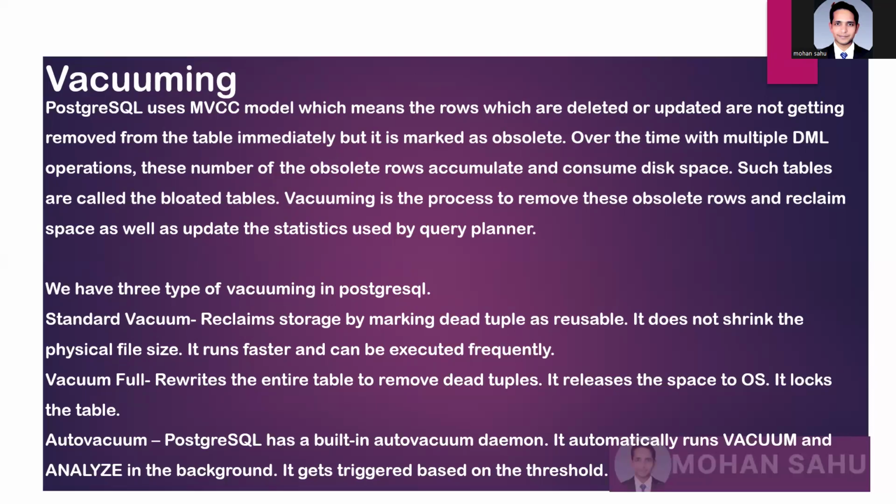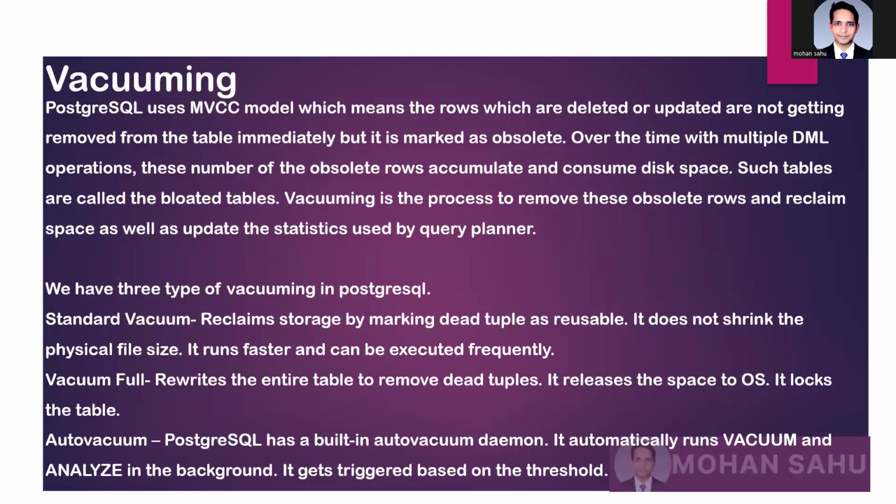When there are a lot of DML operations, like update, insert, or delete, on those tables, all that old data is called obsolete data. These obsolete data consume disk space as well, because it is data and it consumes data blocks.